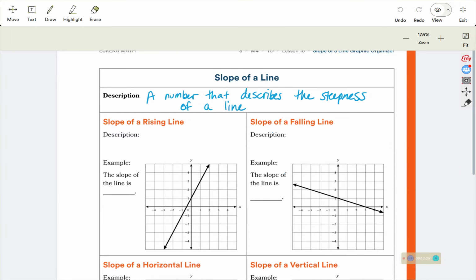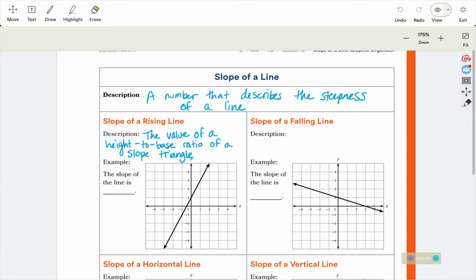For a slope of a rising line, the description, it's the value of the height to base ratio of a slope triangle. So then in this specific example, the height was 6 and the base was 3.